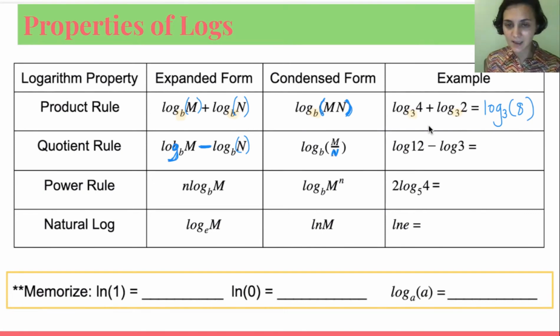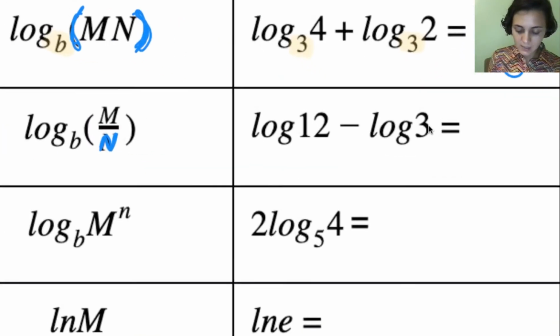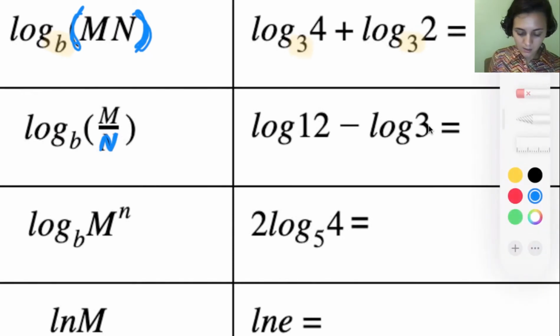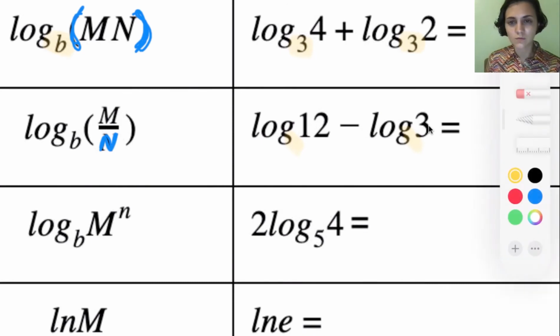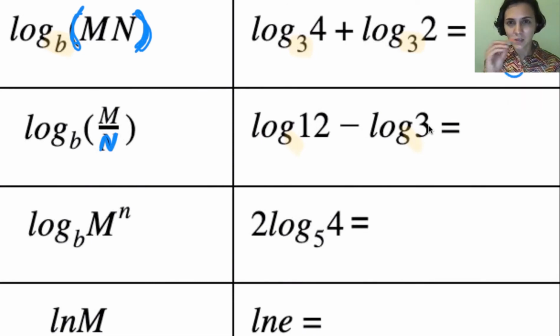So in this case, I have log of 12 minus log of 3. And I want to remind you, if you have a log that has no base, so I see right here, there's nothing there. This is kind of similar to square roots, where if you just have a square root that's blank, you know that there's a 2. The default for logs is log of base 10.